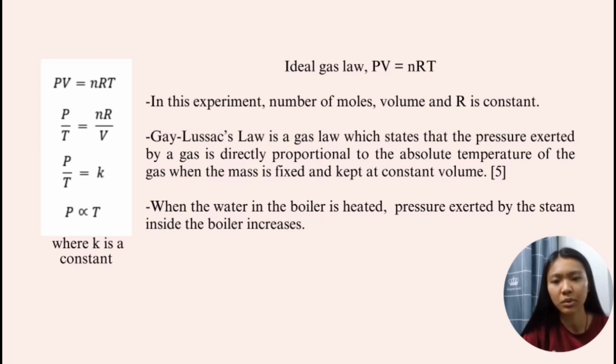In this experiment, number of moles, volume, and R are constant. Gay-Lussac's law is a gas law which states that the pressure exerted by a gas is directly proportional to the absolute temperature of the gas when the mass is fixed and kept at constant volume. When the water in the boiler is heated, pressure exerted by the steam inside the boiler increases.